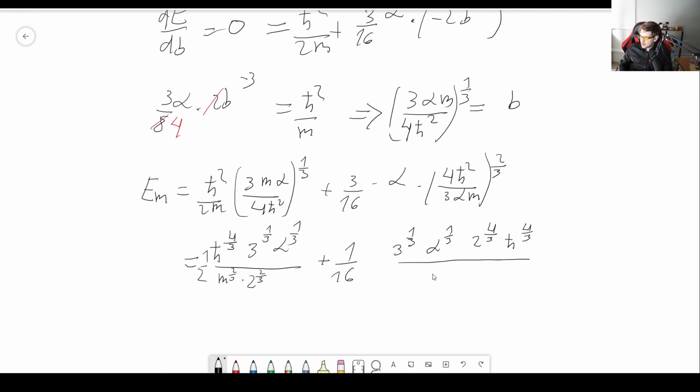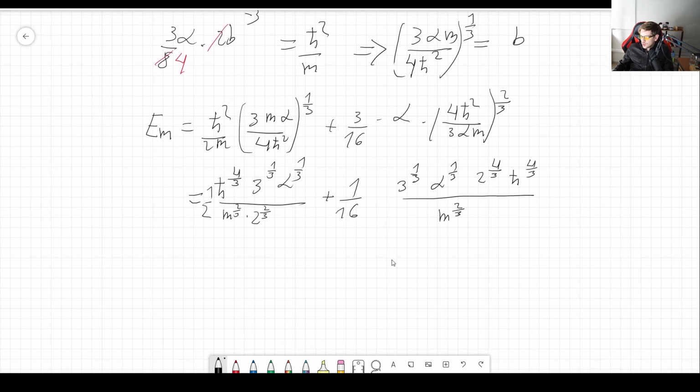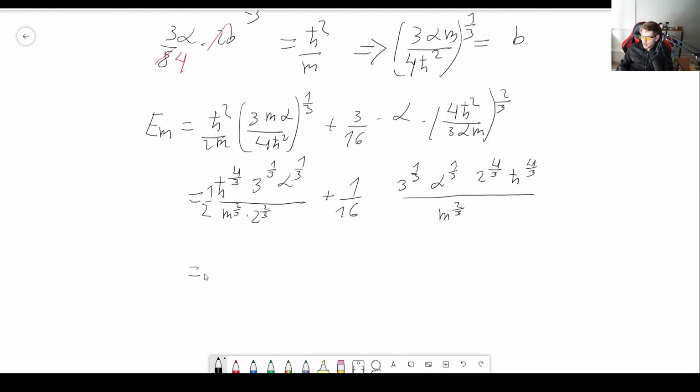And then we have the m to the 2/3. Okay, so there seem to be quite a few things in common. So we have h bar to the 4/3, 3 to the 1/3, alpha to the 1/3, m to the 2/3. But then here we still have a few things.